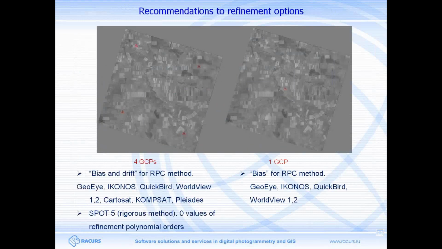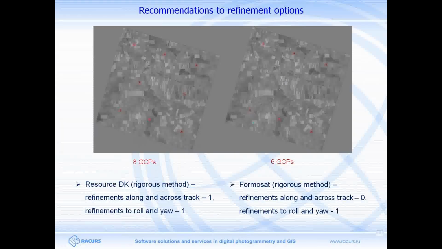And more detailed options in solver for refinement. For 4 ground control points, you can use bias and drift option. For 1 ground control point, of course, only bias, because there is no way to make any more complicated transformation. For the rigorous method, like Resurs-DK, Russian satellite, 8 ground control points, you can use these options: refinement along and across track, refinement for all, yaw.